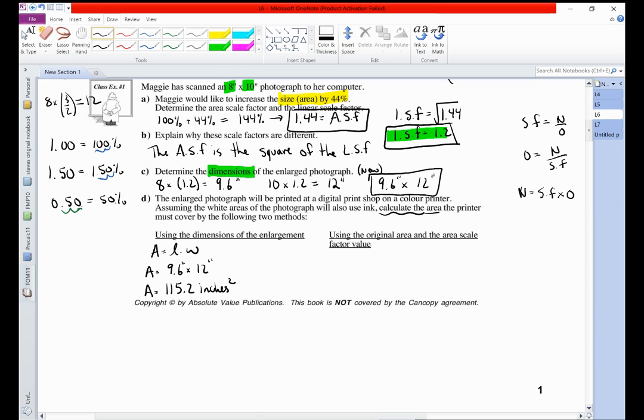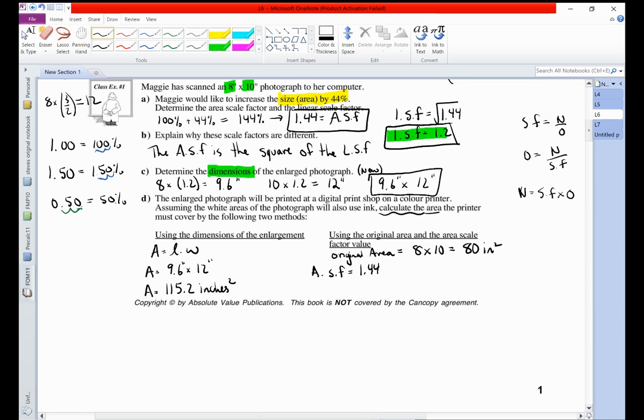We can also use the original area and multiply it by the area scale factor. So these are just two different methods, right? We know the original area is going to be, well, area is length times width, which gives me 80 inches squared. And I know my area scale factor is 1.44.